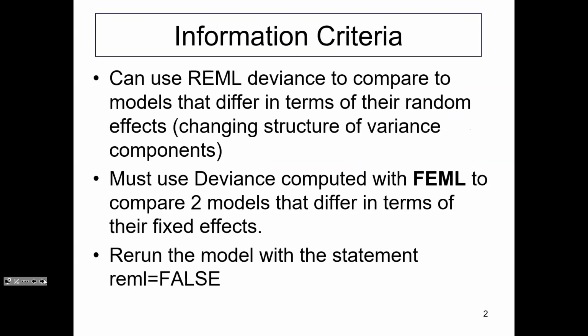So it's a technique that should produce less biased estimates of the variance components when we have a small number of clusters. If you ran things in REML and FIML, you would see the fixed effects estimates would be really similar, if not identical, across the two.